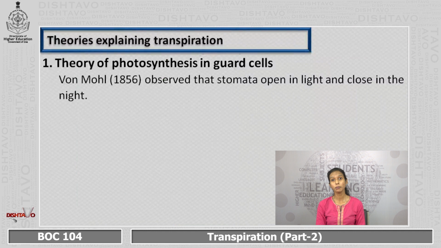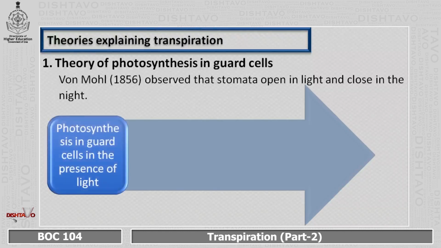Many plant physiologists have given various theories explaining transpiration. The first one, theory of photosynthesis in guard cells. Von Mohl in 1856 observed that stomata open in light and close in the night. He proposed that the chloroplasts present in the guard cells carry out photosynthesis in the presence of light.